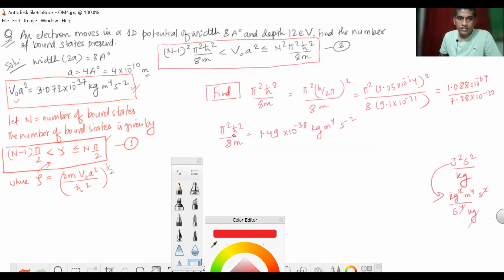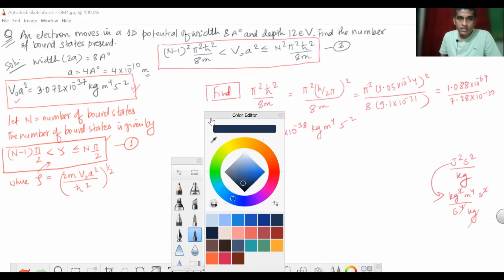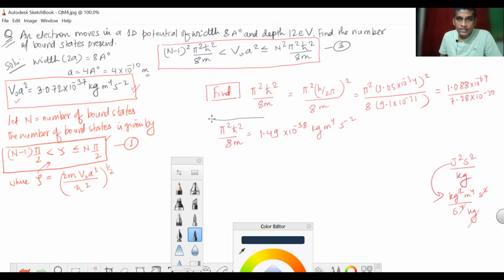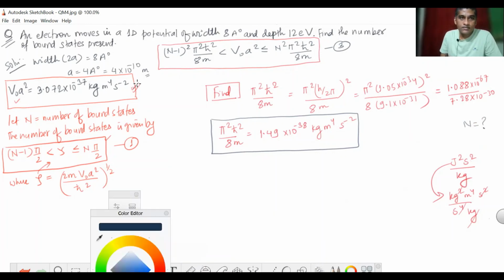So finally, we can write in this way. We want to find the value of n, okay. Now we know this and we know this, okay. Now let us take this part of the inequality, because we have V naught a square is less than or equal to n square pi square h bar square by 8m, clear.